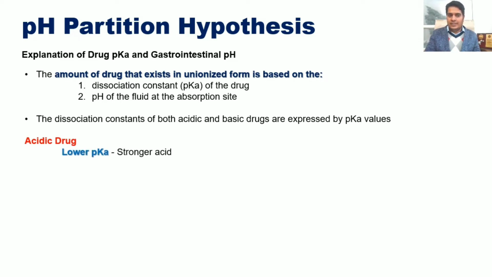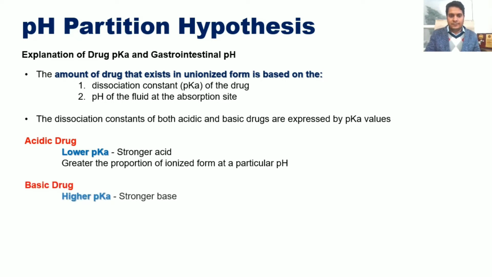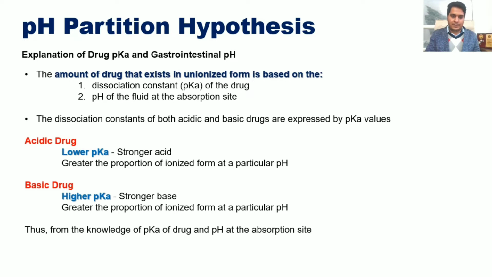In the case of an acidic drug, the lower pKa value means stronger acid. And if the drug is a stronger acid, then the greater the proportion of the ionized form of the drug at a particular pH, so its ionization will be high. If the drug is basic, then a higher pKa value means a stronger base and greater absorption of the ionized form of the drug at a particular pH.